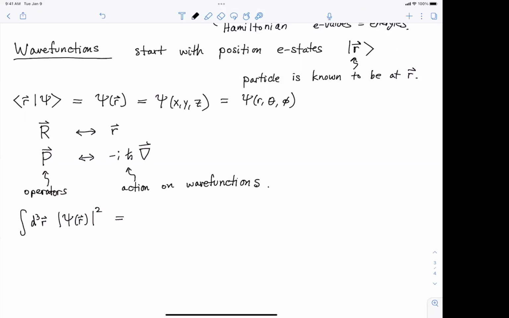So one way to get something out of this is to write it like this, integral d3r of psi star, inner product with r, inner product with psi. So what I've done there is I've used the definition of the wave function.